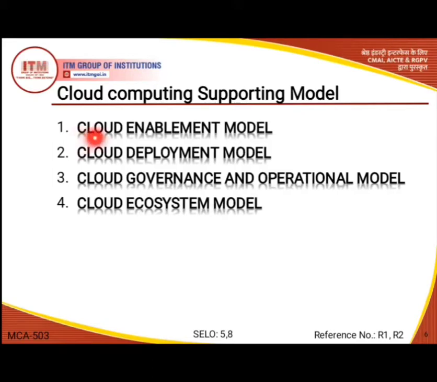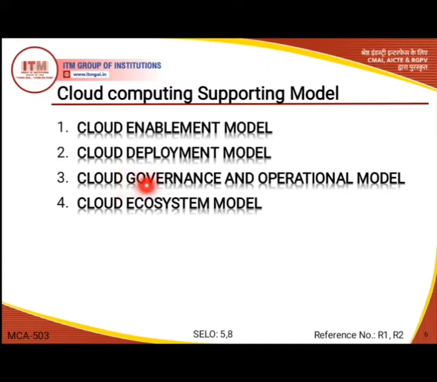Whenever we talk about the enablement model, it works as a cloud virtualization tier, cloud operating system tier, and cloud platform and business tier. And the cloud deployment model basically works on the basis of internal, or we can say private cloud, external cloud, which is also known as public cloud, hybrid cloud, and community cloud.